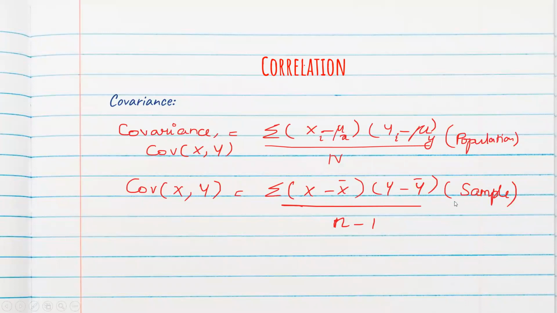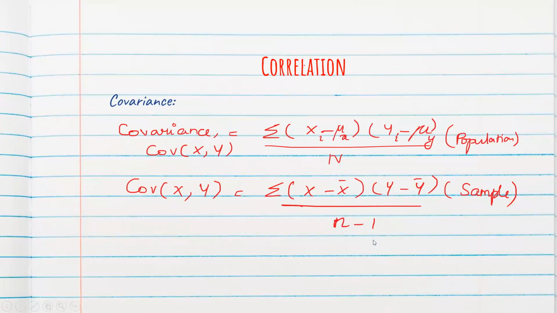Likewise, for a sample, covariance of x comma y is equal to the summation of (x minus x bar) into (y minus y bar) divided by n minus 1. What are x bar and y bar? x bar is the sample mean of x and y bar is the sample mean of y.